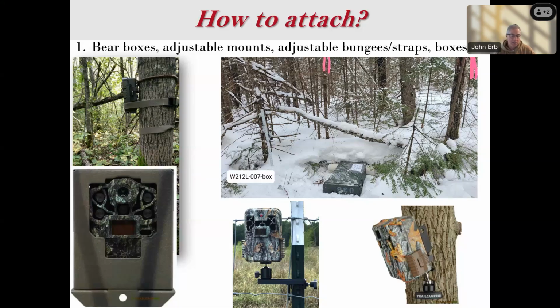If all they do is move it, all that's lost is some pictures. But if they bite into it and puncture holes, well, you've lost some money. So consider bear boxes. They would bolt to the tree or fence post, and would reduce the likelihood a bear could damage the camera.